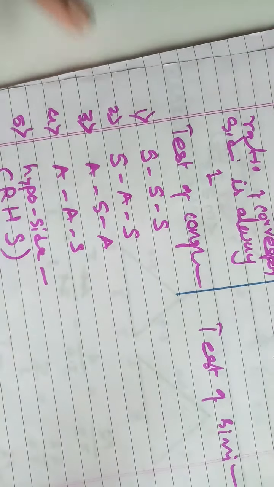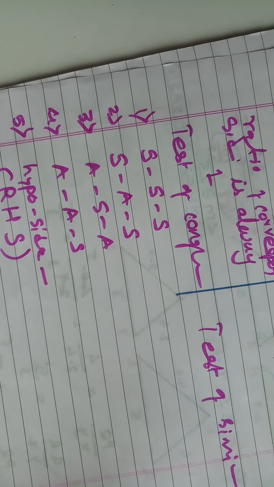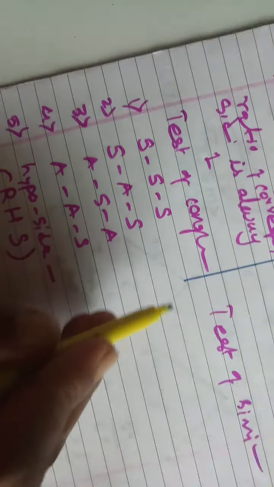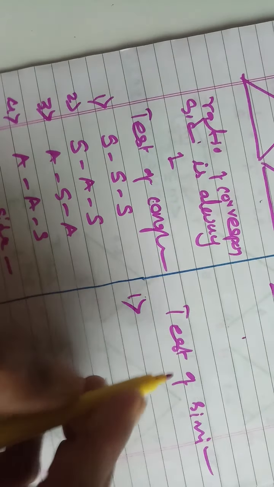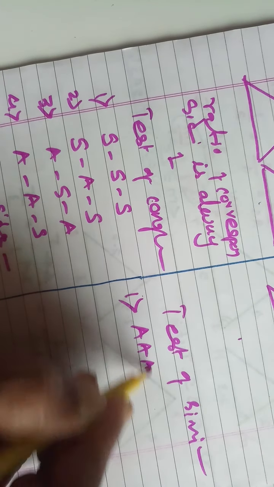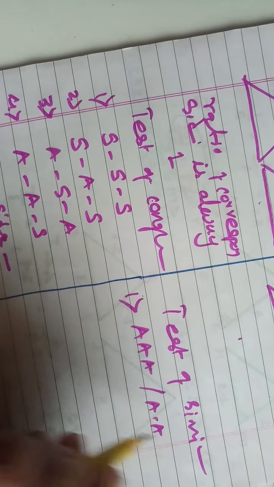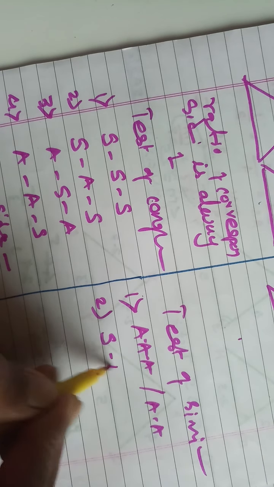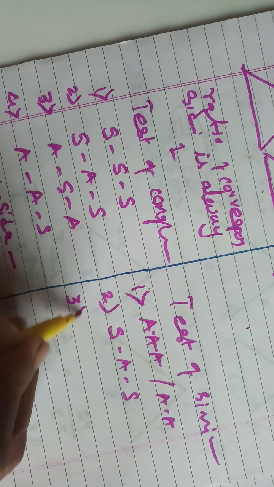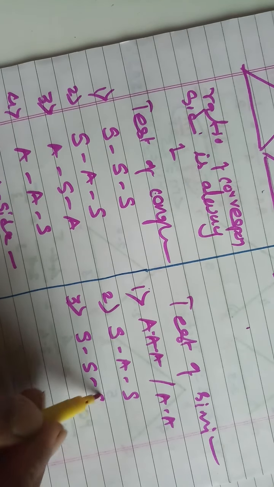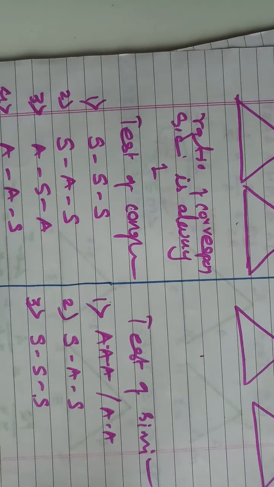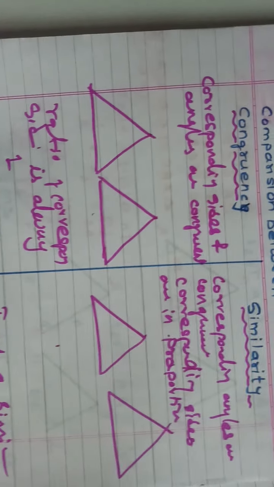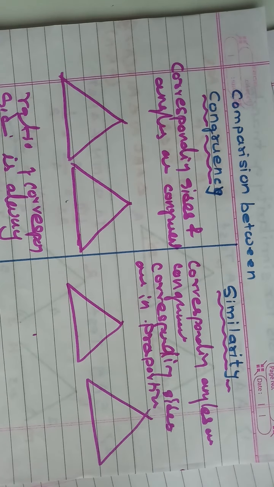But in the case of similarity, we have just 3 tests: first is AAA, or we can say the AA test, second is the SAS test, and third is the SSS test. So this is the difference between congruency and similarity.